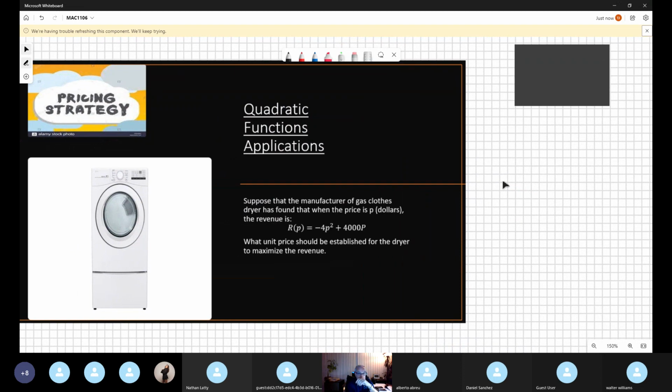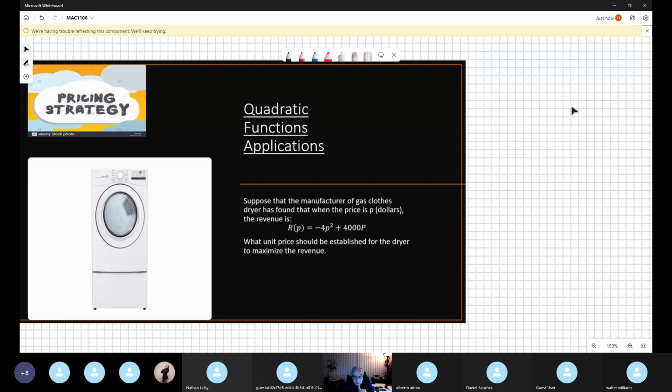This word problem talks about a manufacturer of gas clothes dryers who found that when the price is $P, P is the price expressed in dollars, we suppose that P is the independent variable, the variable that in the theoretical part we suppose is X. And the revenue is R of P, so the R is Y. So we have an equation, by the way, it's a quadratic equation.